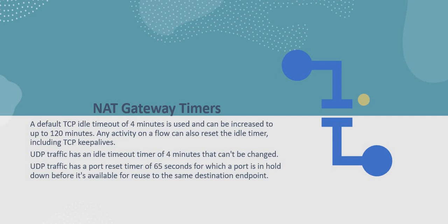Any connectivity flow can also reset the idle timer, including TCP keep alives. UDP traffic has an idle timeout of 4 minutes and this cannot be changed. UDP traffic has a port reset timer of 65 seconds for which a port is in hold down before it's available for reuse to the same destination endpoint.